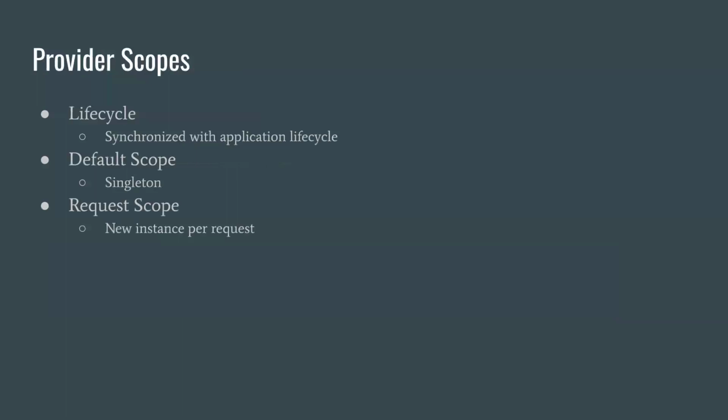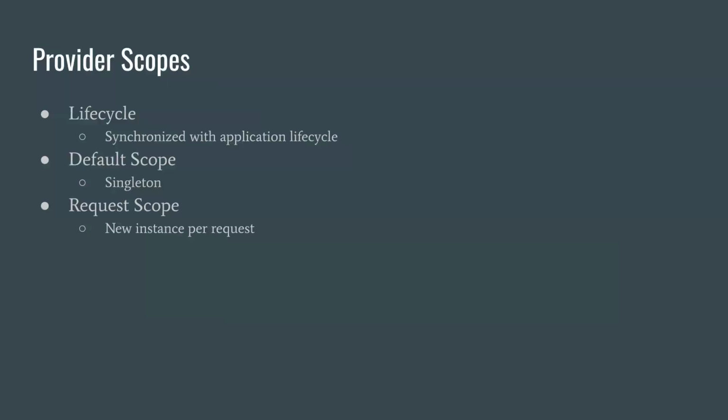Provider scopes. So providers in NestJS have a life cycle that is synchronized with the application life cycle. So by default, providers are singletons. What does it mean that providers are singletons? It means that they are instantiated once and reused throughout the application.